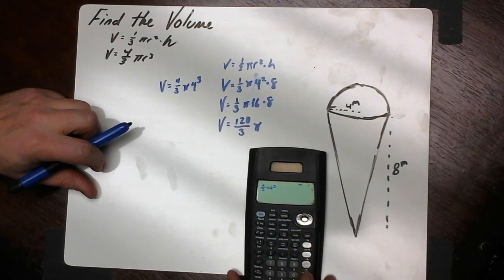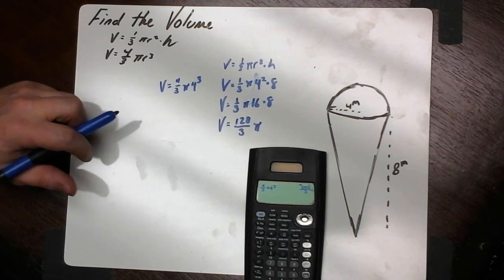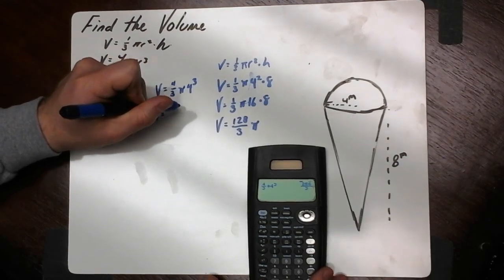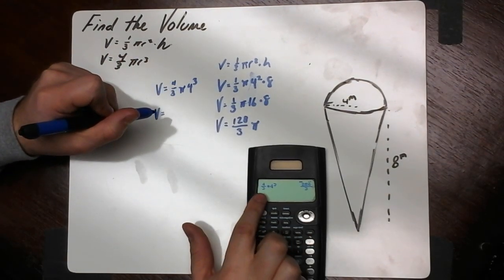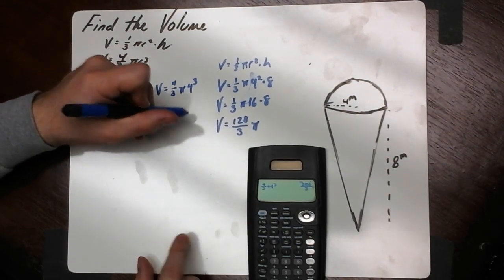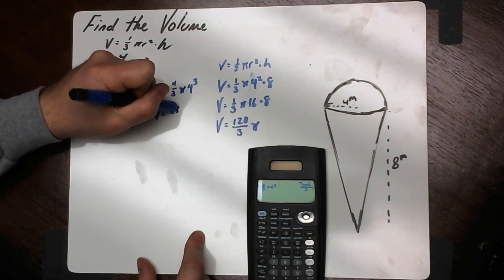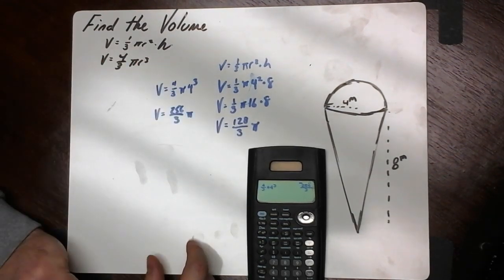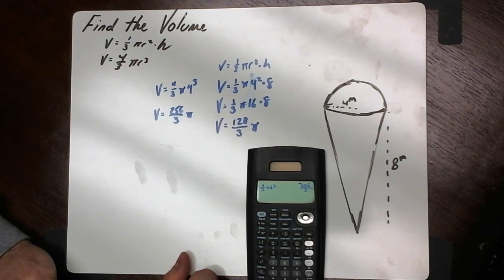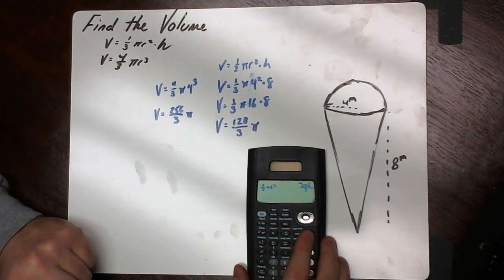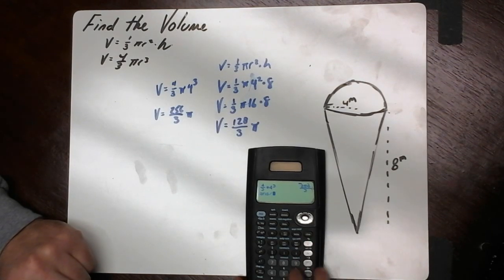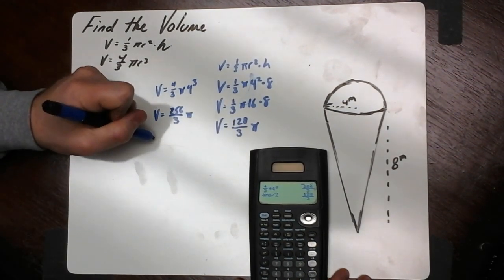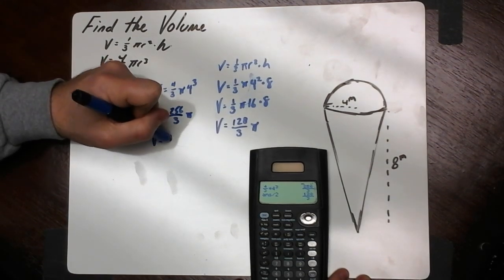So that's kind of why it is what it is. And once again, I've only plugged in the fraction and the radius and kept pi out to the side. And there's pi. Now I have to divide this by 2. So I'm just going to divide that by 2. My calculator will allow that, and that's going to be 128 over 3.